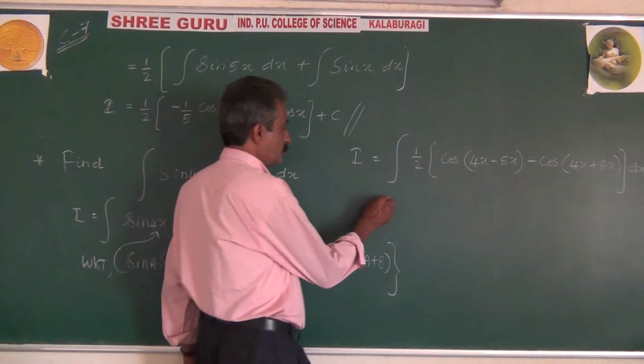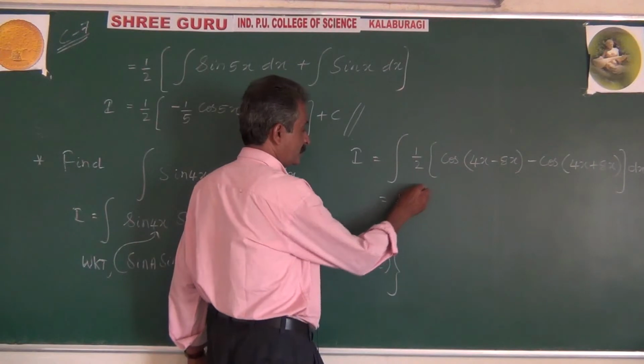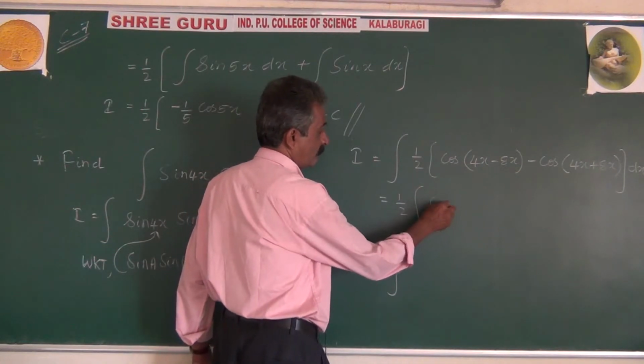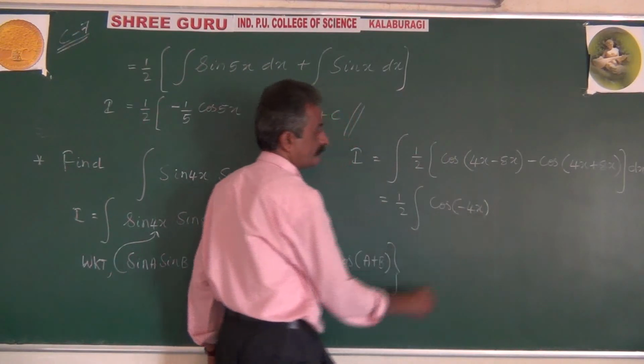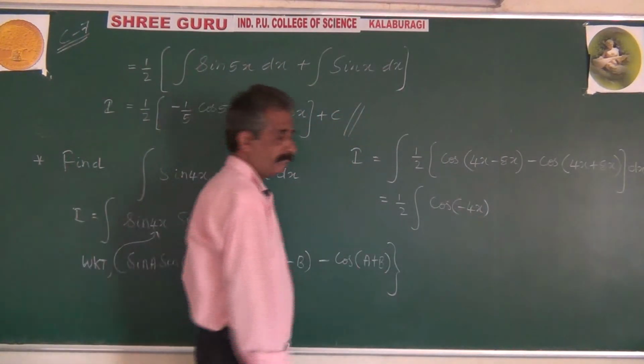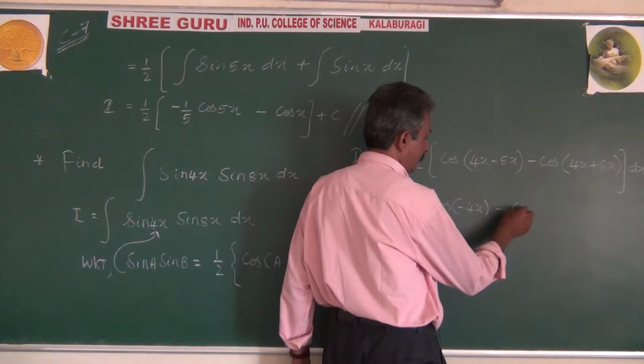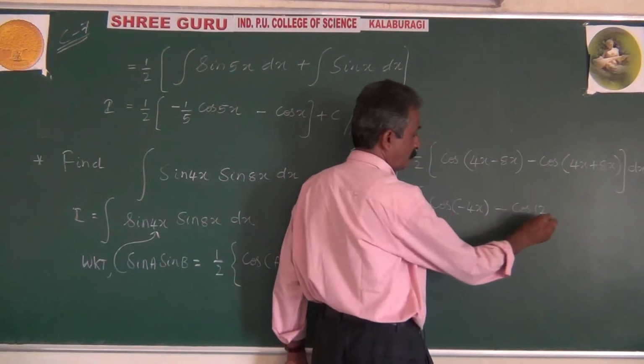So that is equal to 1 by 2 into integration cos of 4x minus 8x, which is minus 4x, minus cos of 4x plus 8x, which is 12x.